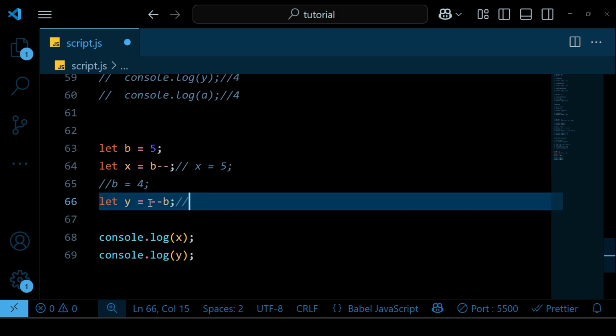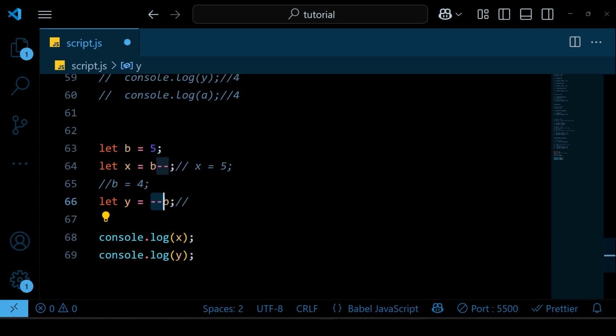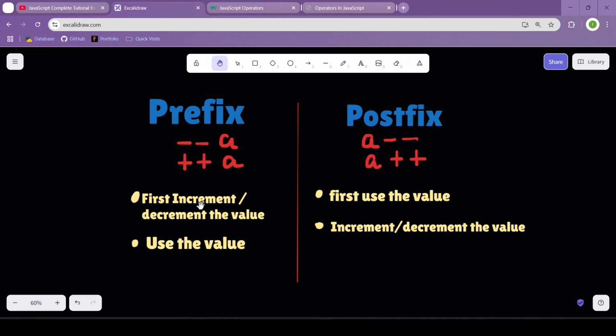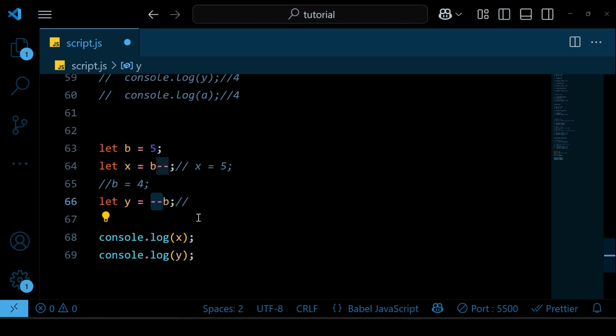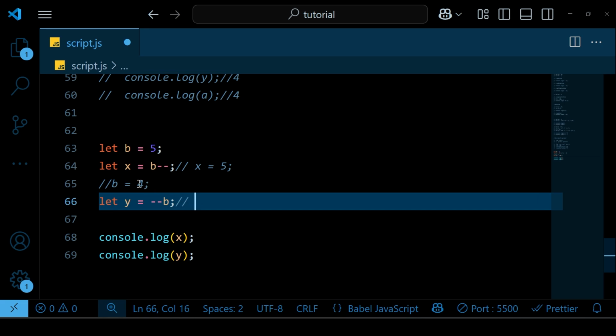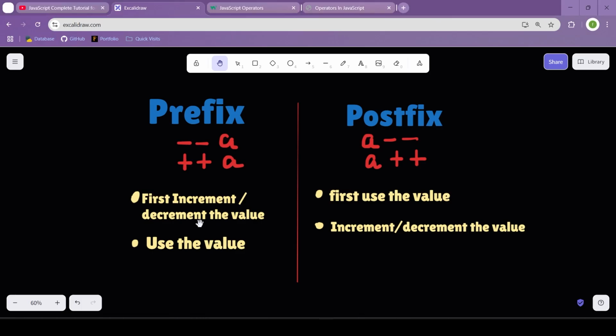And here we have the prefix. For prefix, it says first increment or decrement the value. So b was 4. Now if we decrement, b will be simply 3. And again, after incrementing or decrementing the value, simply use that value.